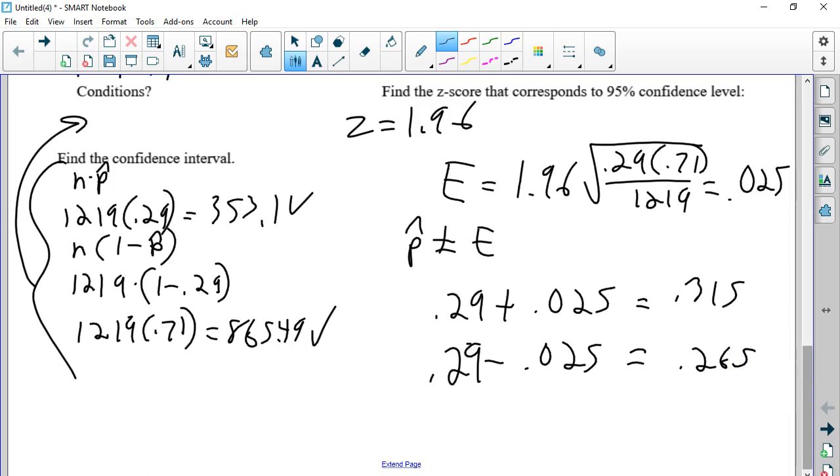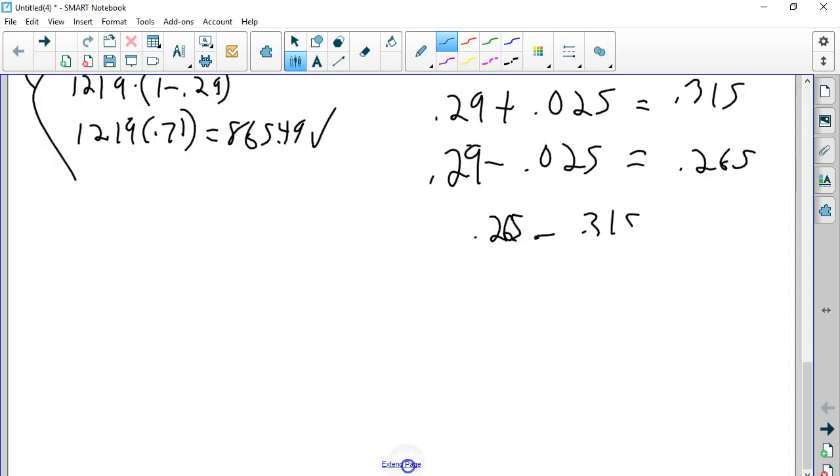So my confidence interval is from 0.265 to 0.315. And we can write it like that. We can also write it like this. And that's my confidence interval.